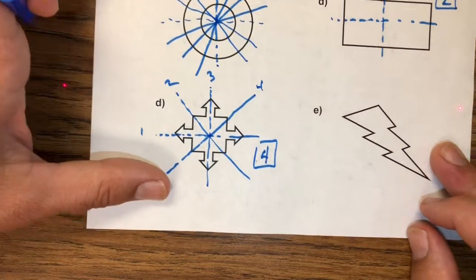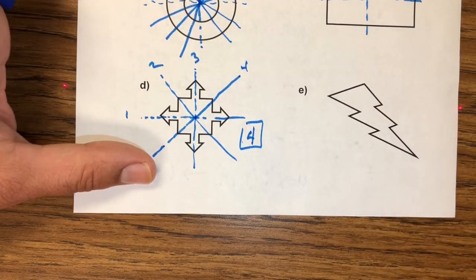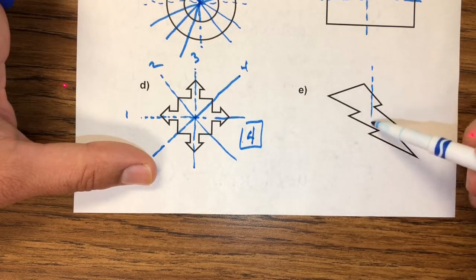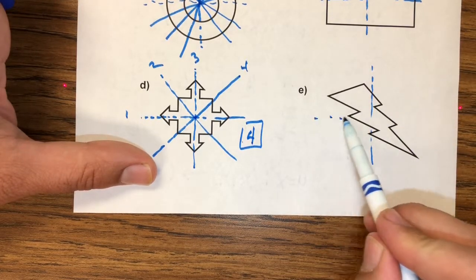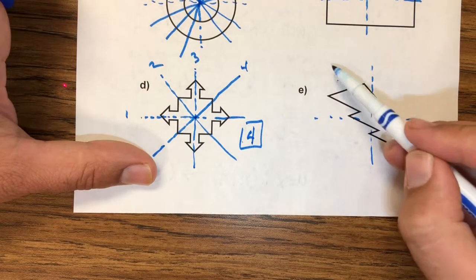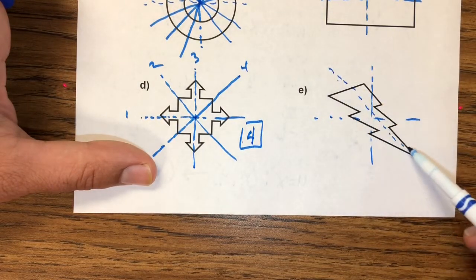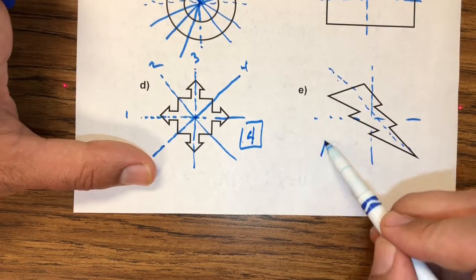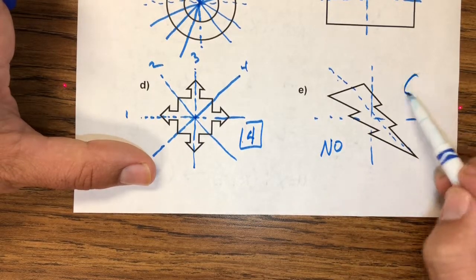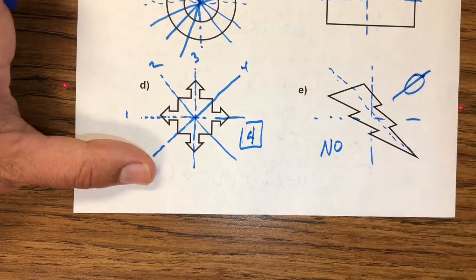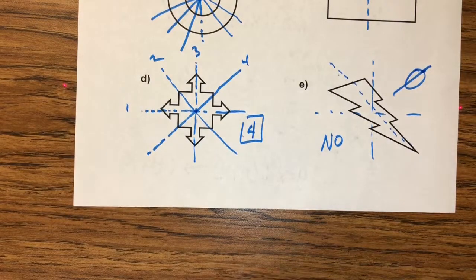And then the last one here is this lightning bolt. There is no way for us to do a line of symmetry through this. Even if we try to go right down the middle there, there are no lines of symmetry. So we just put a no solution symbol on that.